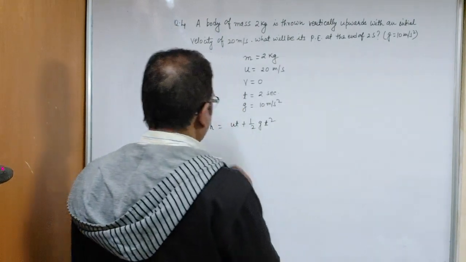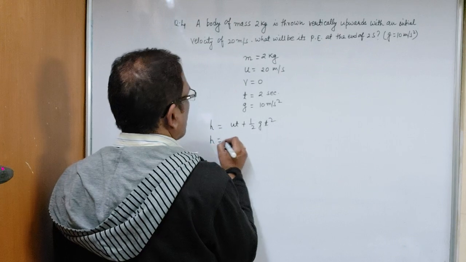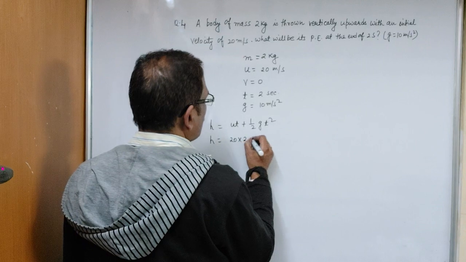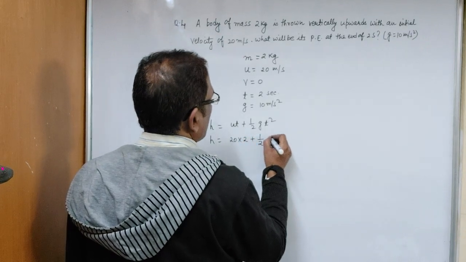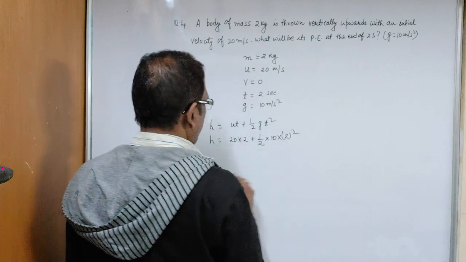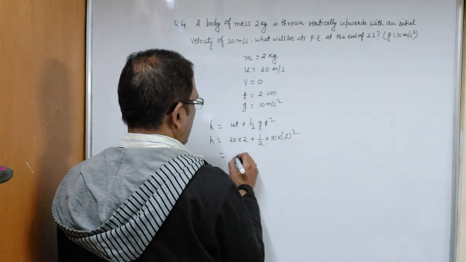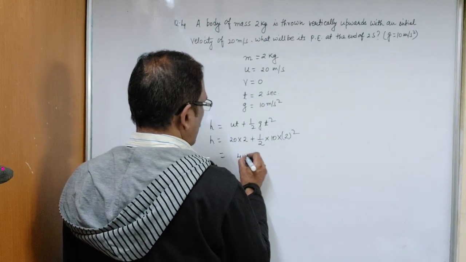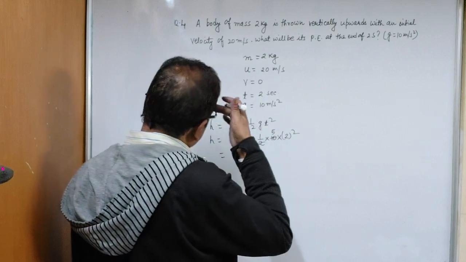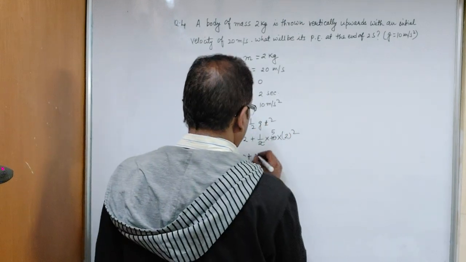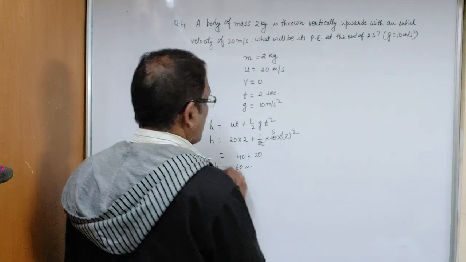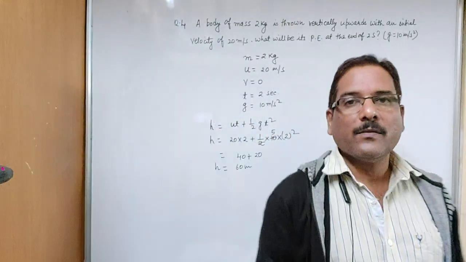Use this equation. So we will write u is 20 into 2 plus half, g is 10, and t square, it means 2 square. So if you simplify, it will be 40 plus 2 fives are 10 and 5 fours are 20. So 60 meter. It will acquire a height of 60 meter.